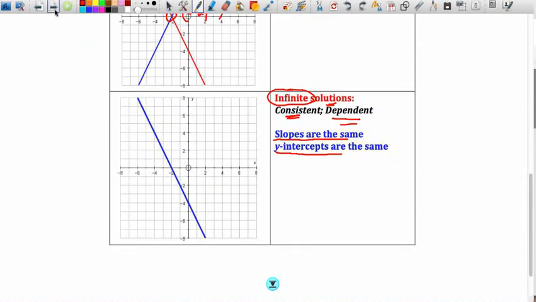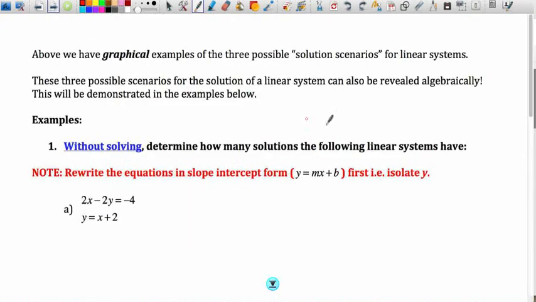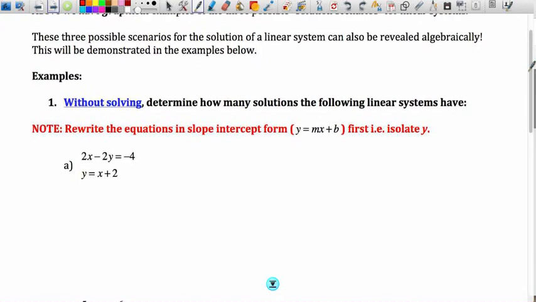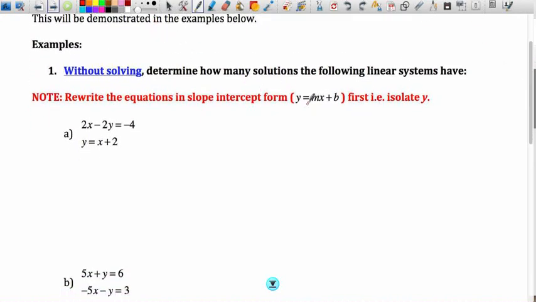You can recognize what kinds of answers you're going to get simply using algebra. I'm going to show you that right now, and in order to recognize them using algebra, you need to understand y = mx + b. Remember, the m represents slope, and the b represents the y-intercept.